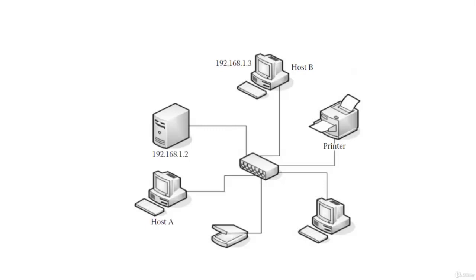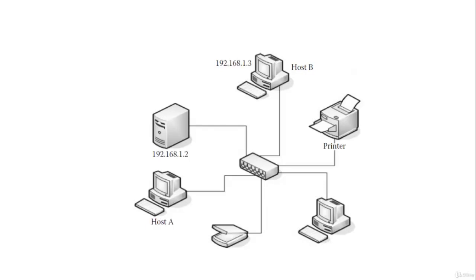In order to communicate on a local area network, host A would need to have the MAC address of host B. Host A will look inside its ARP cache and see if the entry for host B's IP address is present inside the ARP table. If it is not present, host A will send an ARP broadcast packet to every device on the network asking who has host B's IP address.